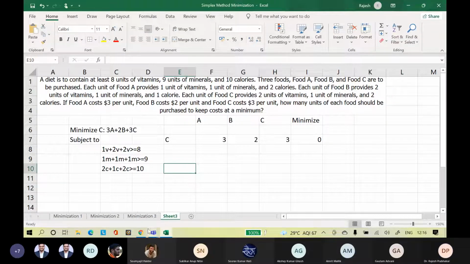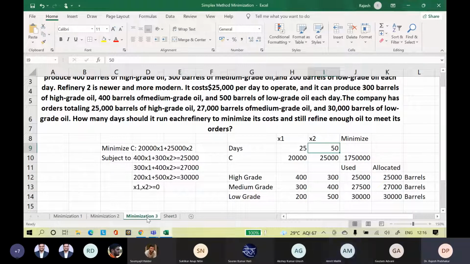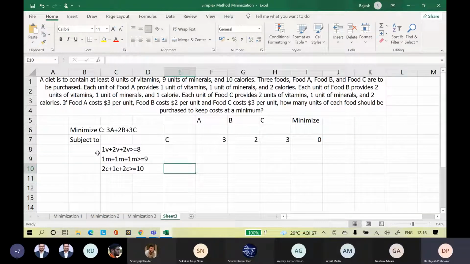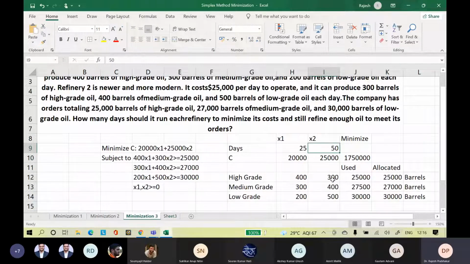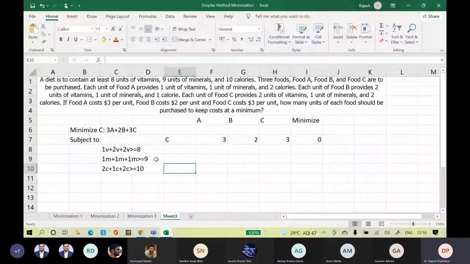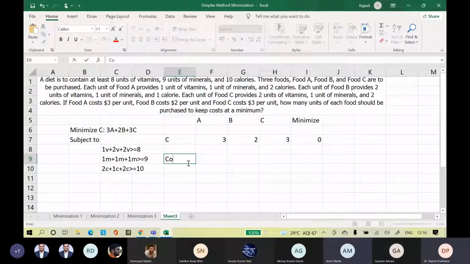Yes, here you can see we get all the high grades in one place, medium grades in one place, low grades in one place. Here we have three calories. See, here high grade with its constraint, medium grade with its constraint, low grade with its constraint. Same thing we are doing here: vitamins with constraint, minerals with constraint, and calories with constraint. Okay, sir.